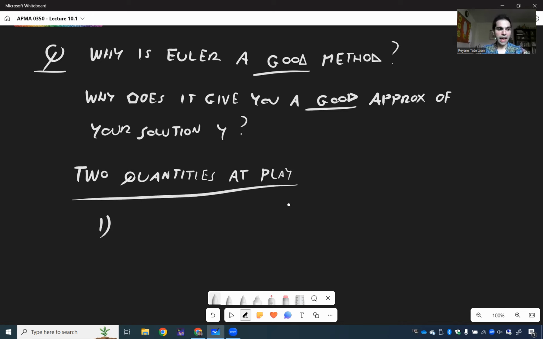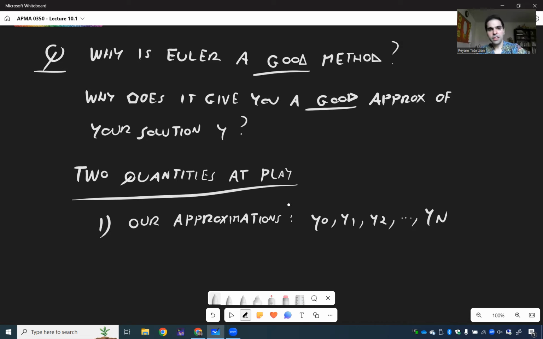Because on the one hand, we have our approximations, what we called y0, y1, y2, up to y capital N. But on the other hand, we also have the actual values of your solution.